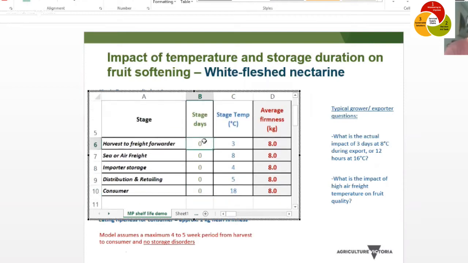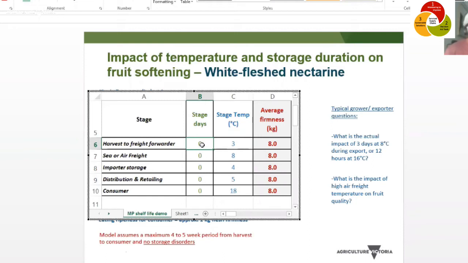Just to show you how the firmness changes. I'm going to leave the temperatures as are, and we'll do air freight initially. So let's assume that the air freight temperature is 8 degrees. Average temperature between harvest and freight forward is 3 degrees. Importer storage is 4 degrees. Distribution at 5 degrees, and then the consumer ripens the fruit.